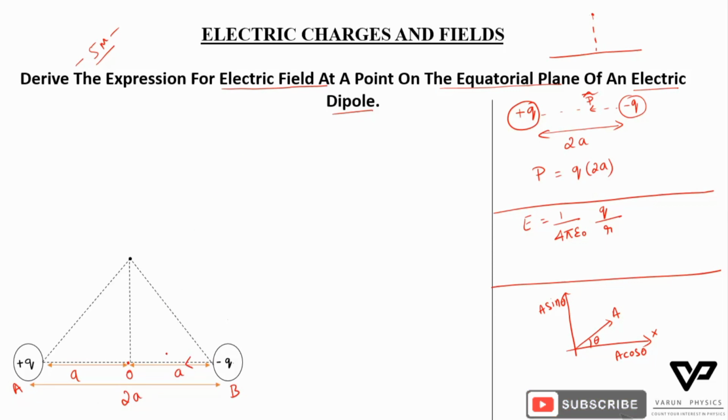Now let us assume the equatorial distance from the center to be r. This is the point where we are supposed to calculate the electric field. A magnetic field can be identified by the force experienced by a magnet within a magnetic field.